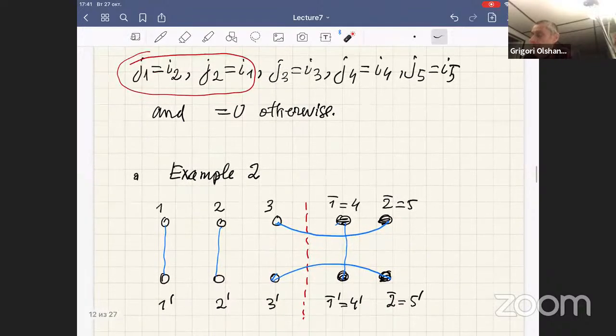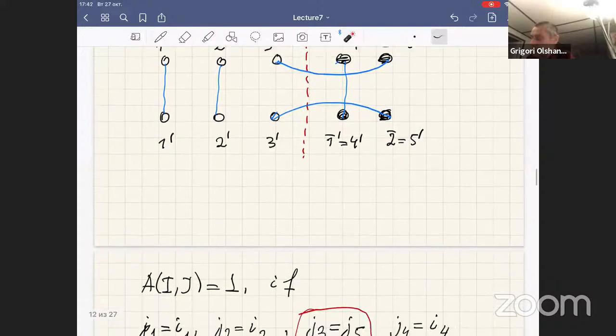But this is another model example. Instead of an elementary permutation, we get this picture, which is in some sense similar to it. But the difference is that the edges are not vertical, but horizontal.